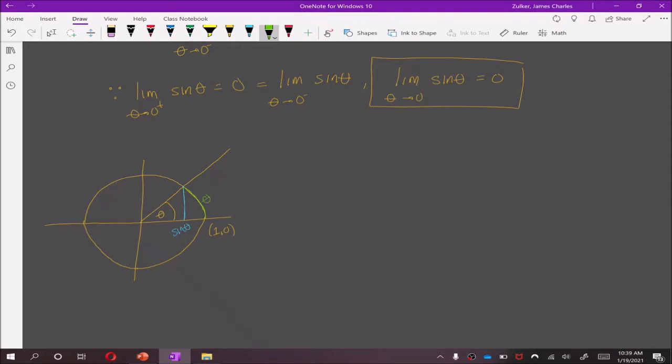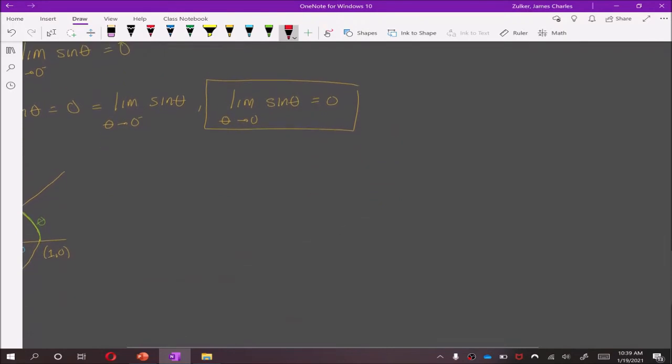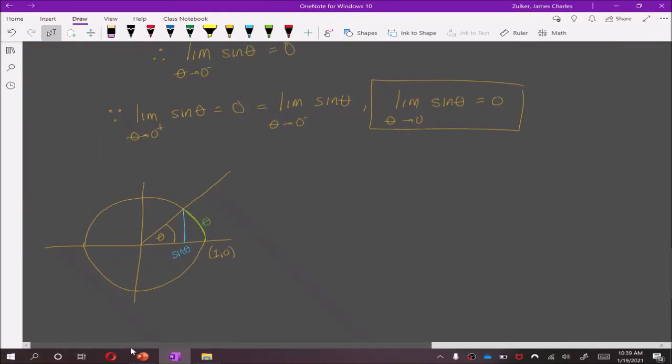Except now, let's draw a new vertical line. Sorry. That goes from this point straight up to the ray. Now this is going to have a length of tangent of theta.